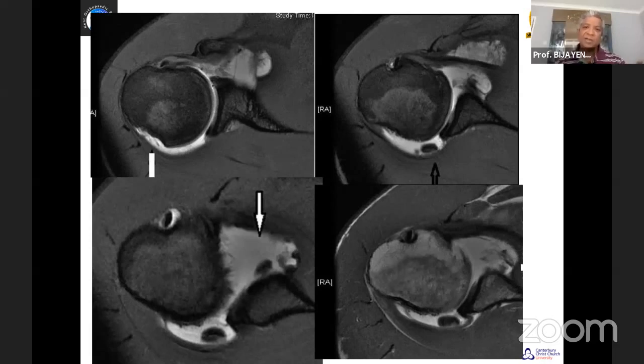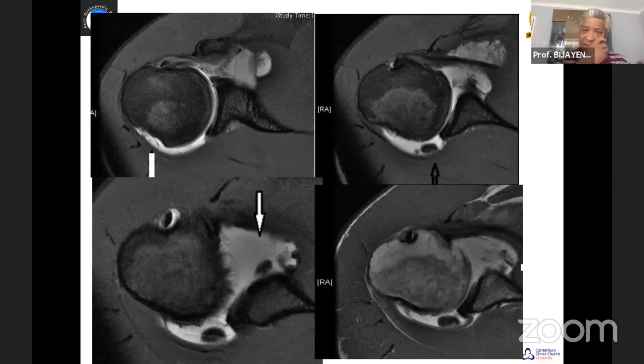So anyway, these are axial sections of an MR arthrogram. If you're clever enough, you may want to say whether it's a T1, T2 fat sat images. If you're not, then I suspect you will not be passed or failed for not saying that.